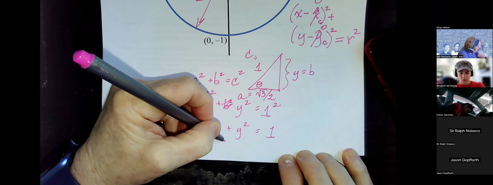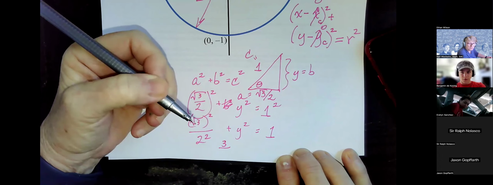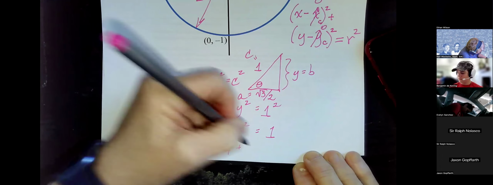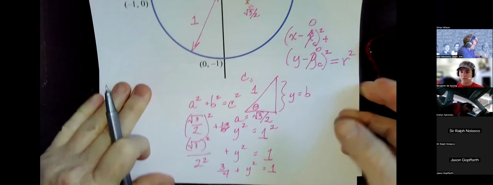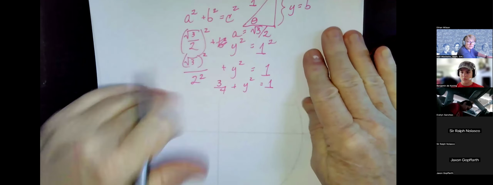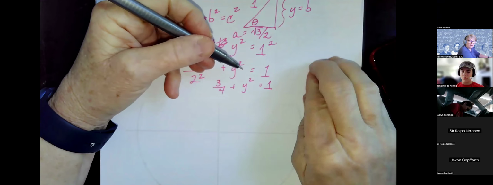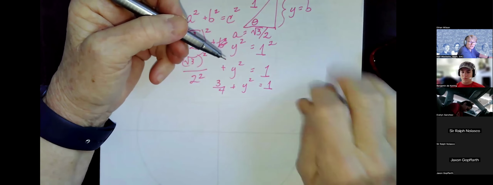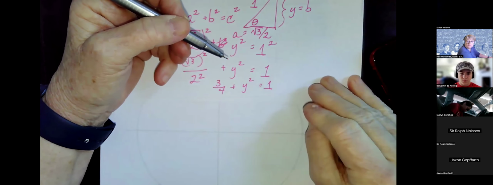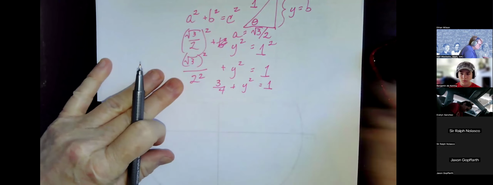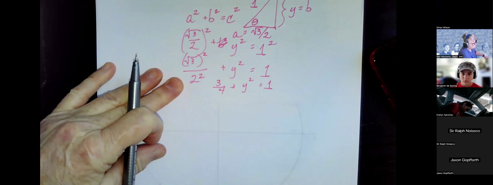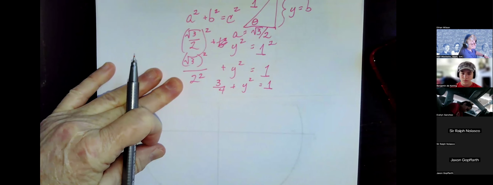And what is 2 squared? 4. Beautiful. So we want to solve for y. One minus y squared equals 3/4.